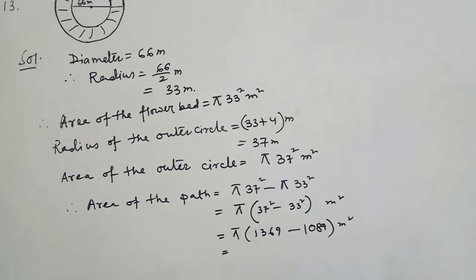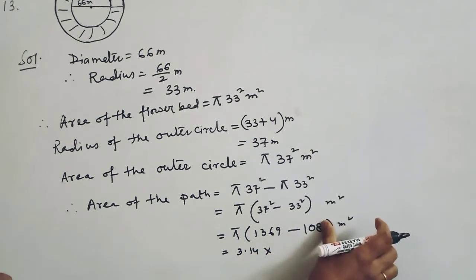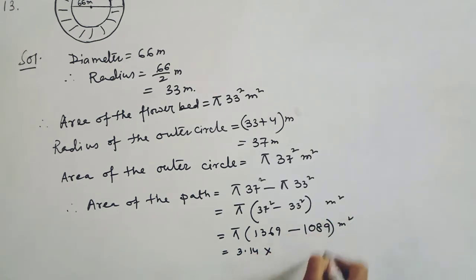Now the value of pi is given, 3.14. So 3.14 into, if you subtract 1089 from 1369, you will get 280 meter square.